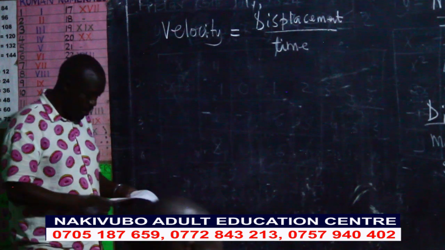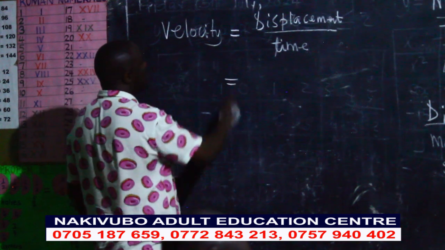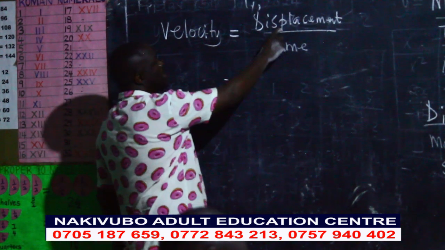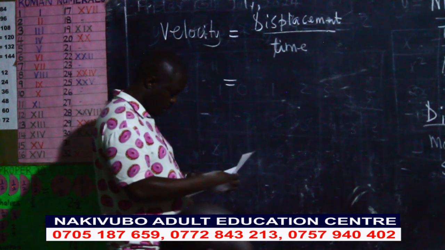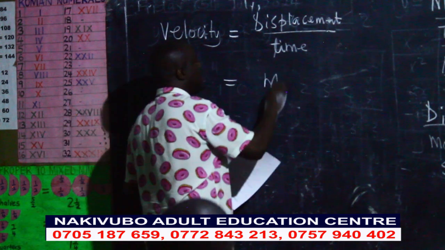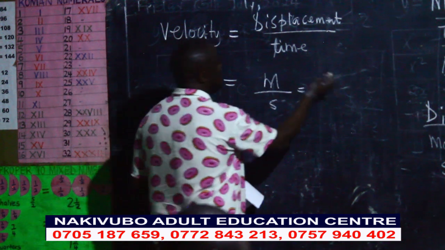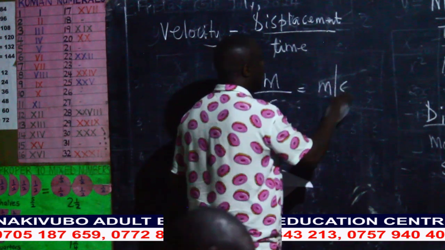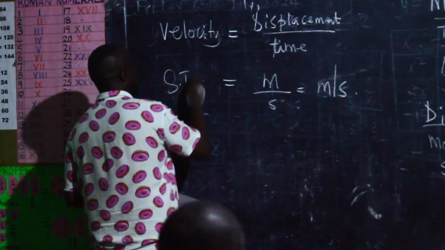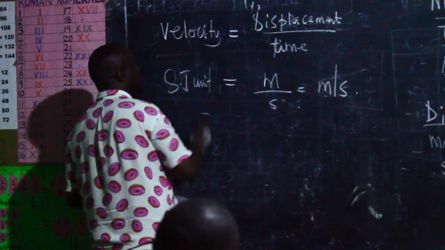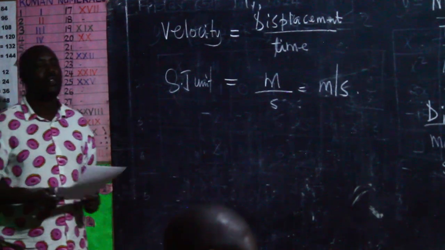Displacement over time. So can we derive the standard units? What unit is displacement? Displacement is measured in meters. What about time? So it is in meters per second. This is the SI unit. It is the same as speed. Velocity and speed have the same units.